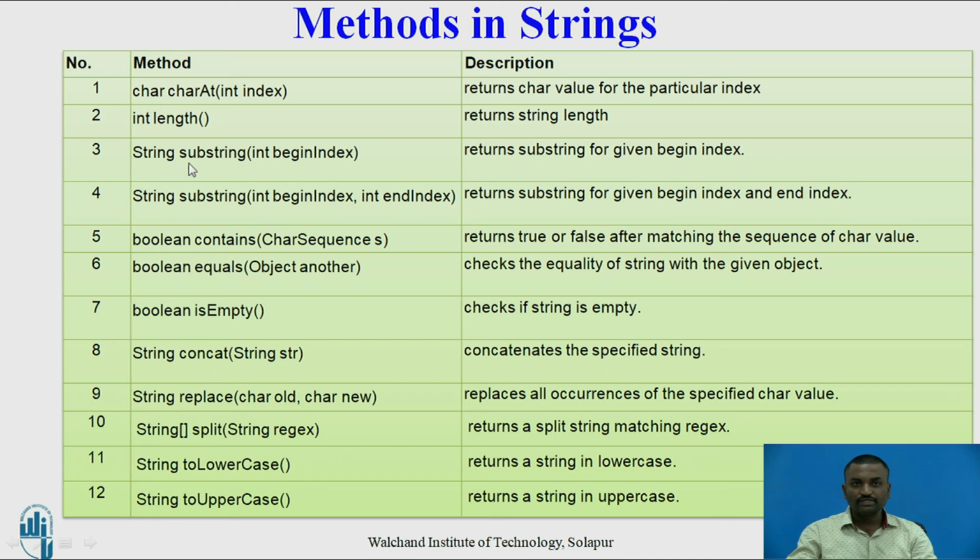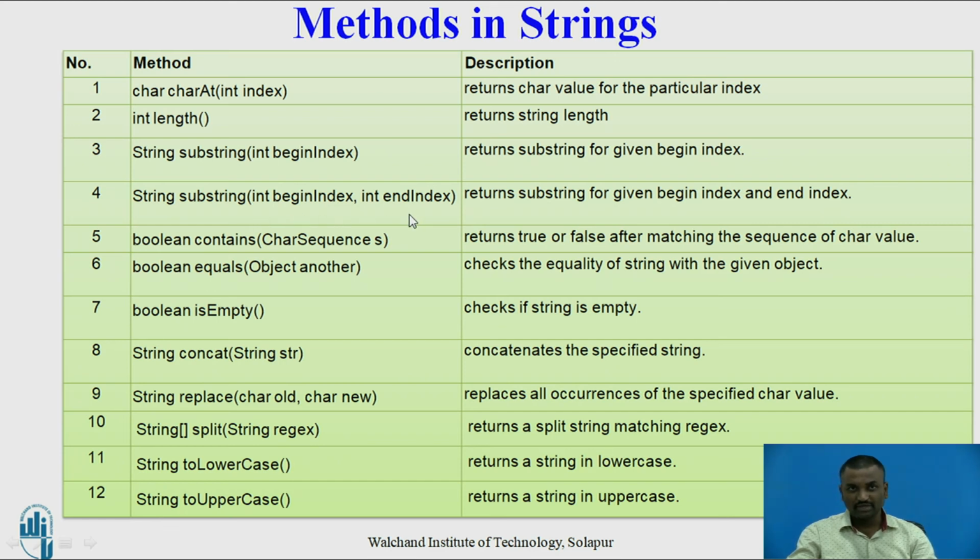Similarly, String substring(int beginIndex). Substring gives me a substring from a particular string. The return type is String, and the input parameter is int beginIndex. You specify the beginning index from where you want the substring to start. Similarly, substring(int beginIndex, int endIndex).